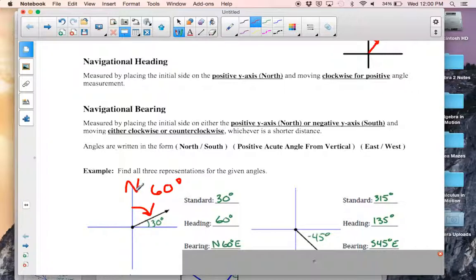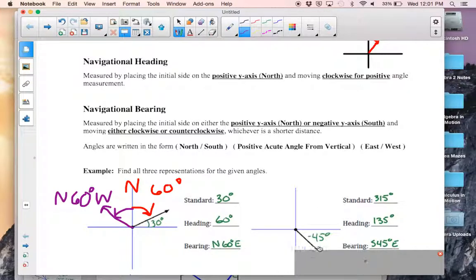So we're starting at north, which is up here at the top, and then you're going 60 degrees east, this direction. If I had said north 60 degrees west, then I would have ended up over here to the left. So this angle here would have been north 60 degrees west. Okay? All right, let's look at another one here.